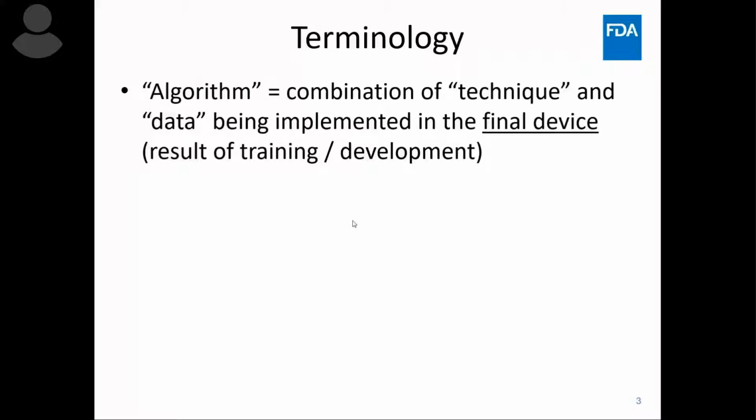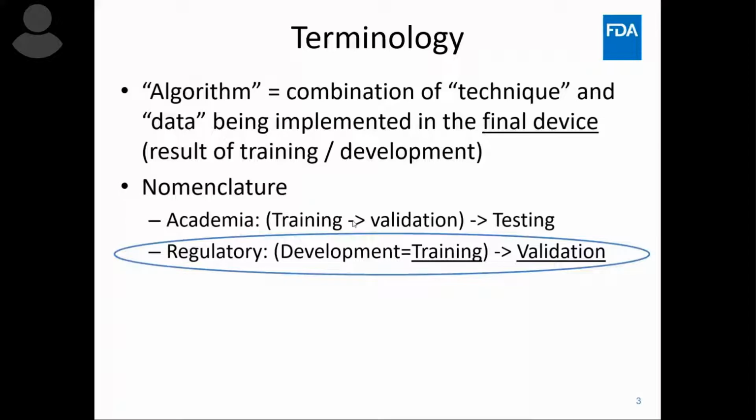There is a little bit of confusion in nomenclature. Academia tends to talk about training and then validation. You do these steps again and again until you are satisfied, and then you have your final testing on your device. In the regulatory world, we use the same terms with a different meaning.